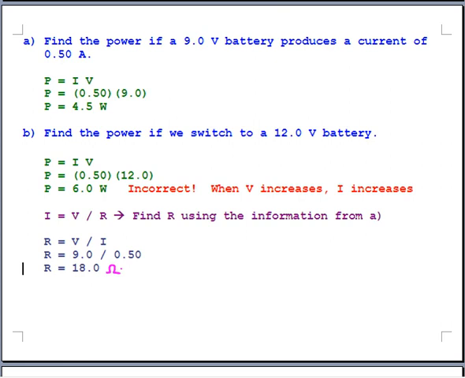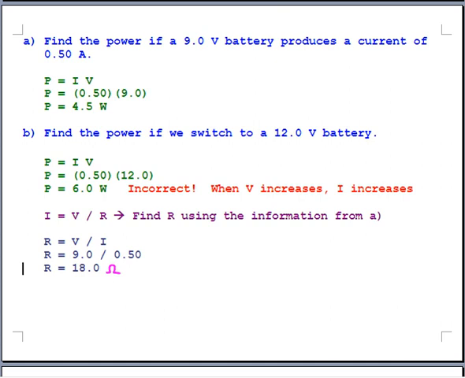And that's going to stay the same always. The only way you're going to change that resistor is if you physically take it out and put another one back in there. So we've got this resistor worth 18 ohms. Now, some of you might be looking and going, well, we just talked about that current increasing because the voltage increased, but do we even need to use the current?